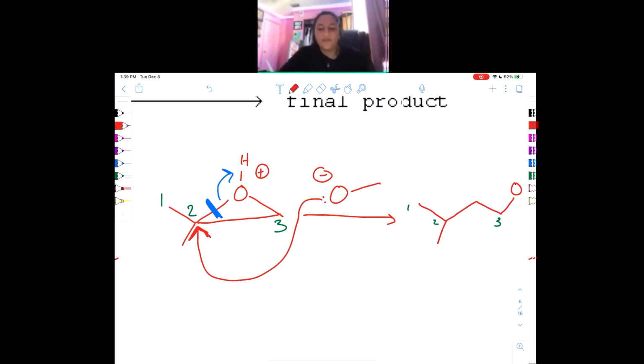So what is attached to carbon 2? What'll be attached right here on carbon 2?